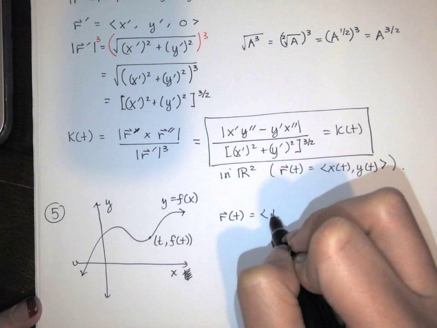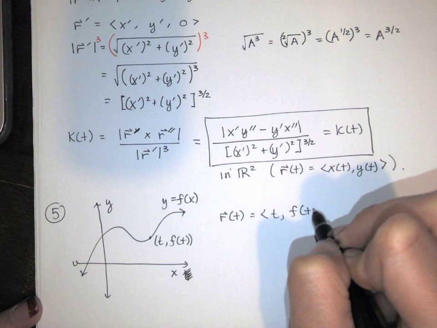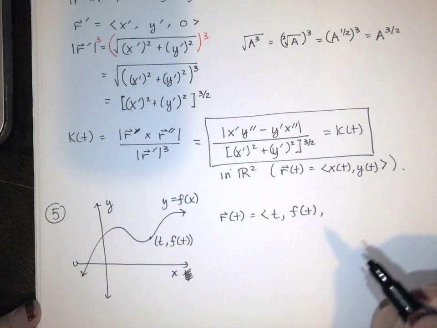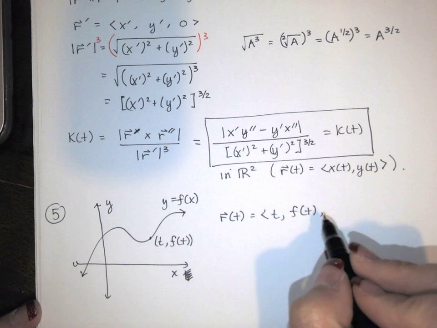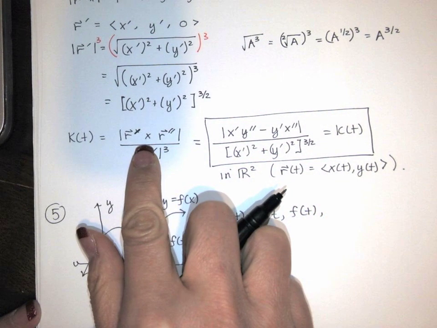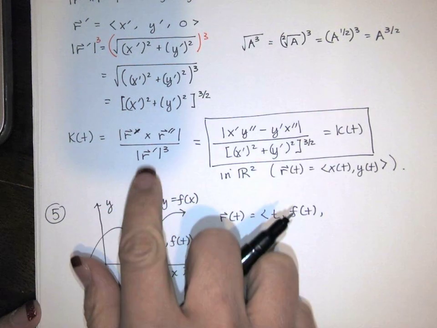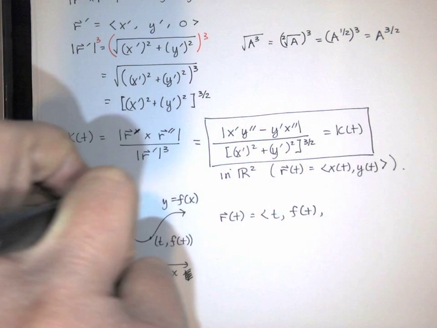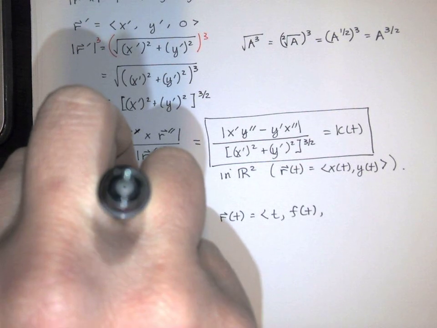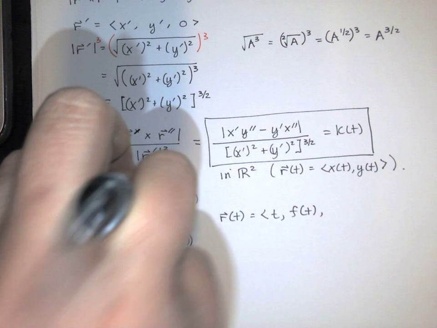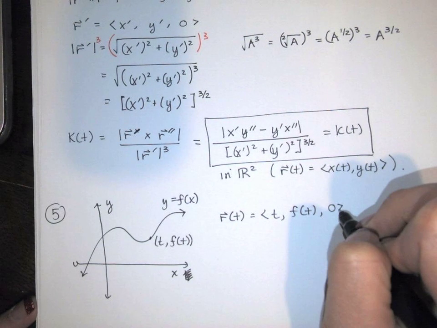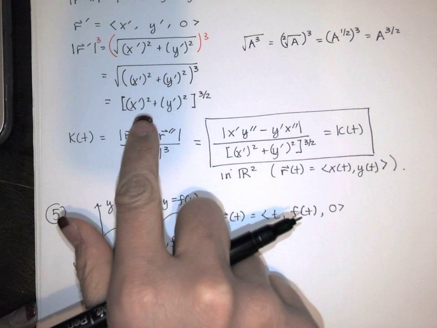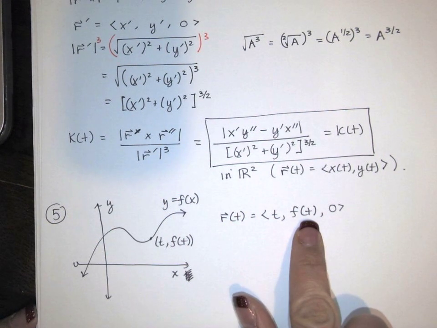So I let my x be t, I let my y be f of t, and I'm in the plane, but I need a third dimension so I can take that cross product because this vector, that cross product of the two actually extends out of the plane. It's going to point towards us like my pen is pointing at you right now. So that's 0. And if I apply this formula to this, I get another formula.